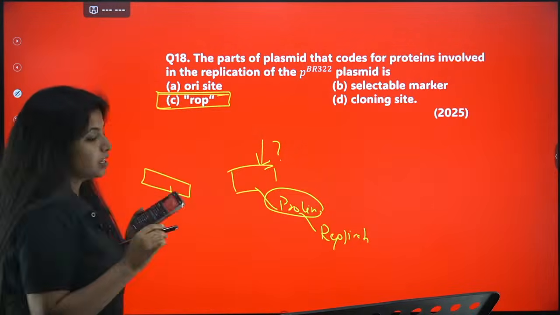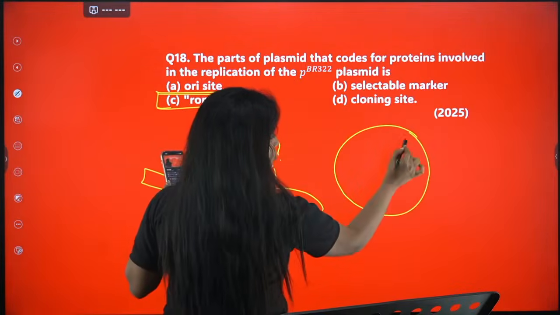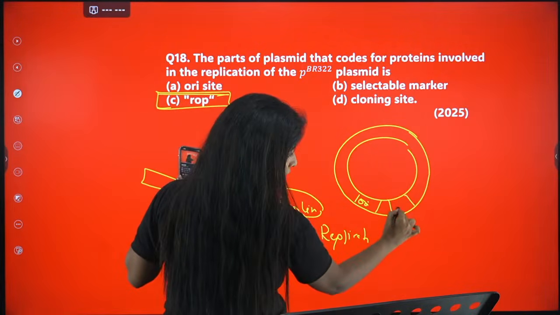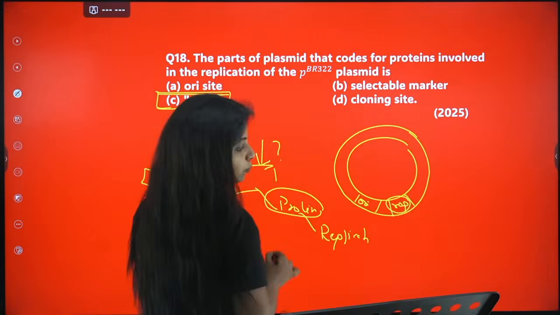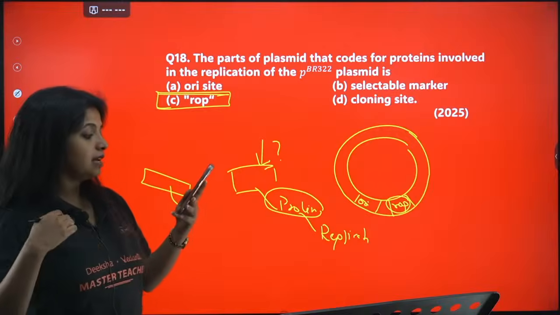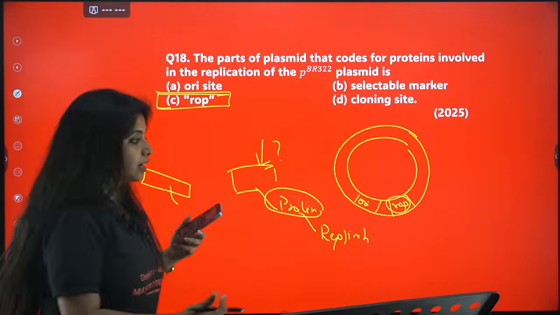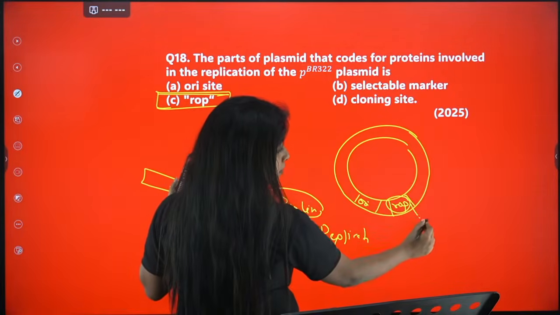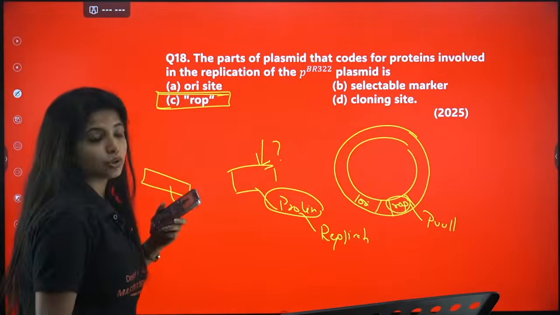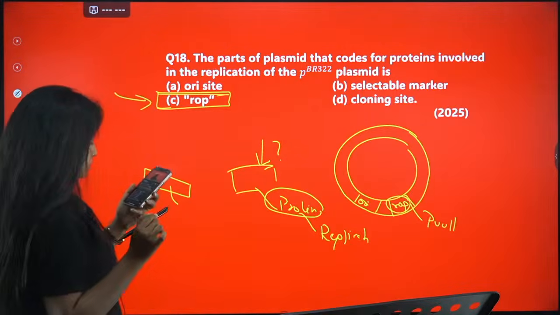In pBR322 we have studied this is the origin of replication, and just near it you have an ROP site. This ROP site produces proteins which are super important for the replication process to happen, and this is where you have the site for the restriction enzyme PvuII. So your answer for this question would be C.